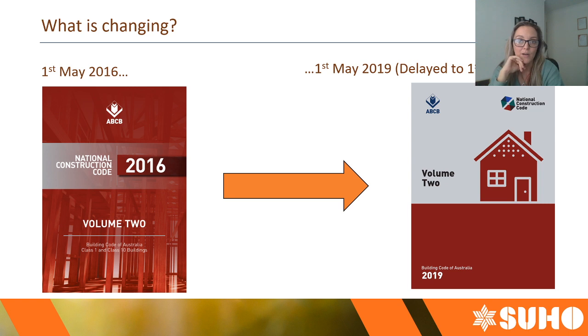And now we are, with the exception of Western Australia, who have opted to have another 12-month waiting period, and also a couple of the other states, Northern Territory, Queensland and New South Wales have got their own regulations they go by, but all the other states and territories are going by NCC 2019.